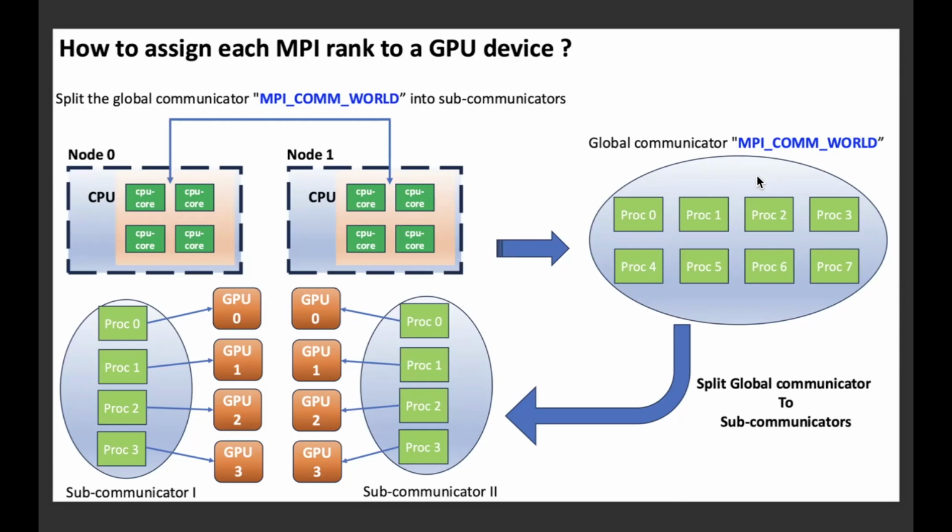Instead of having a global communicator that contains 8 processes, we can split the communicator such that each subcommunicator contains processes that run on the same compute node. We have 2 compute nodes here. So we have 4 processes here that can be assigned to 4 GPUs, and the same on the other compute node, meaning that we create a subcommunicator containing only 4 processes.